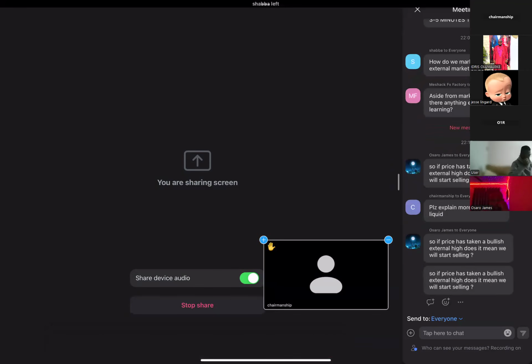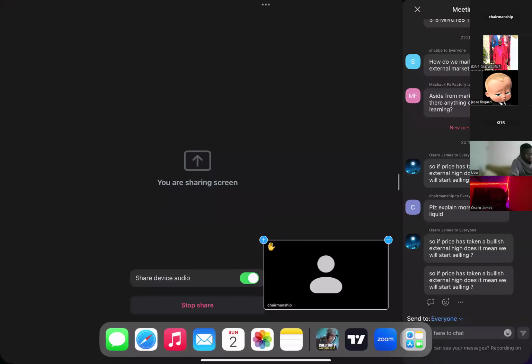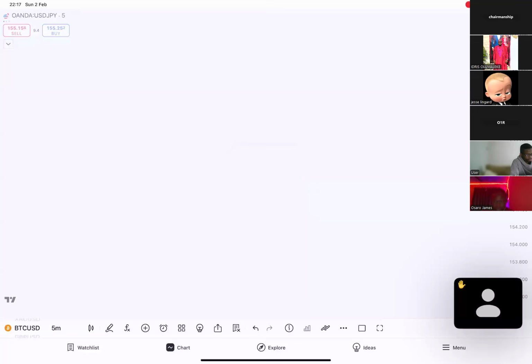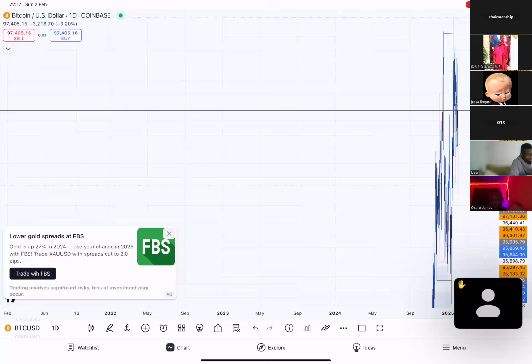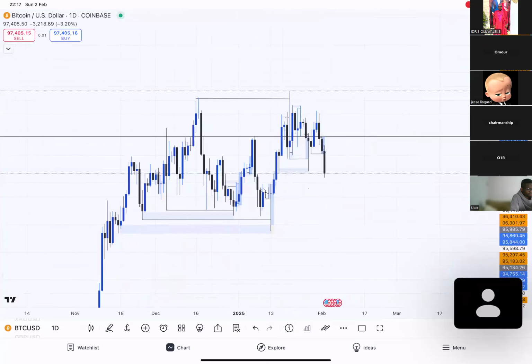Okay, the external range structure is the bigger time frame movement. Then the lower time frame structure delivers price to the higher time frame, right? It's just a bit confusing. When a bigger time frame high is being taken out, like what happened in BTC, you expect a reversal.